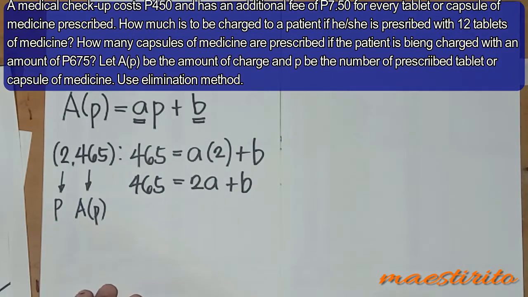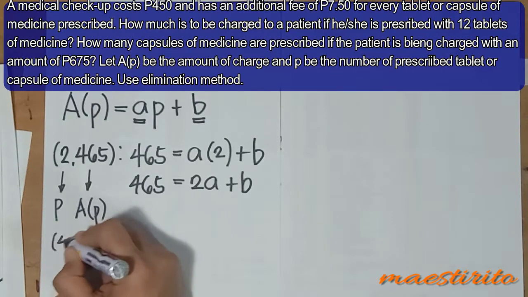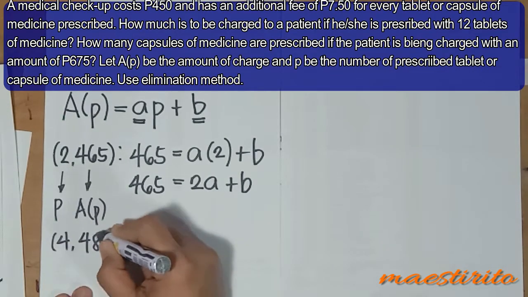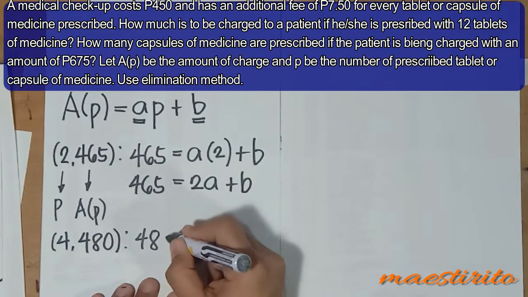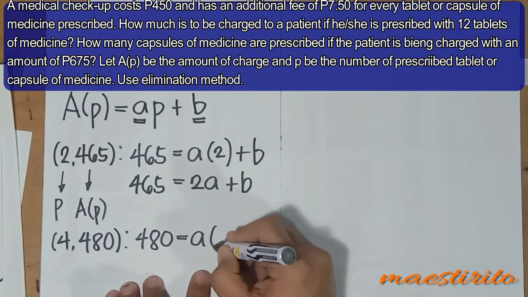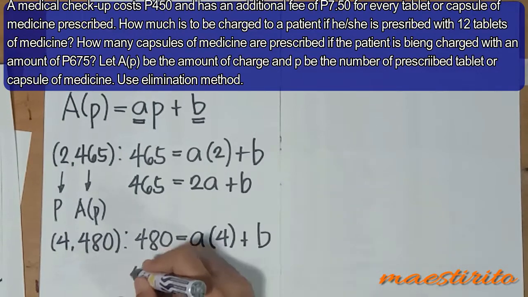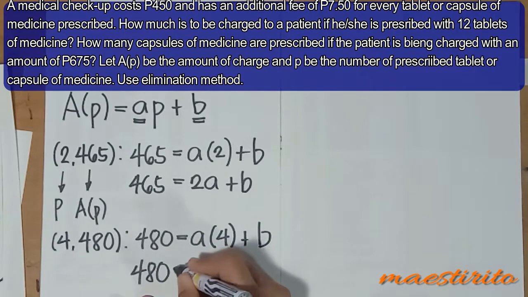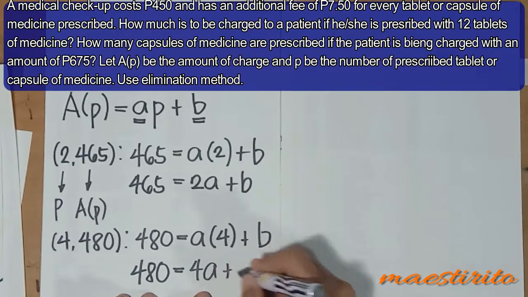And the second one is (4, 480). So 480 equals a, the P for this time is 4, plus b. So finally, I'll have my second equation as 480 equals 4a plus b.